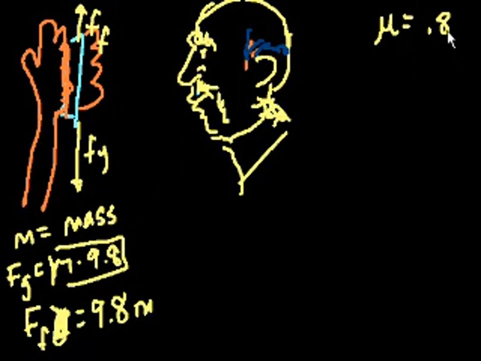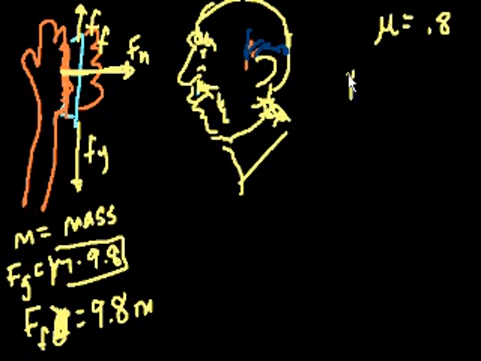So if the coefficient of friction is 0.8, what is the force that I have to apply? Well, the force I have to apply in this case is going to be the normal force, normal to the bottom of the pie. My hand is now like the surface of the ramp. So this is the normal force.